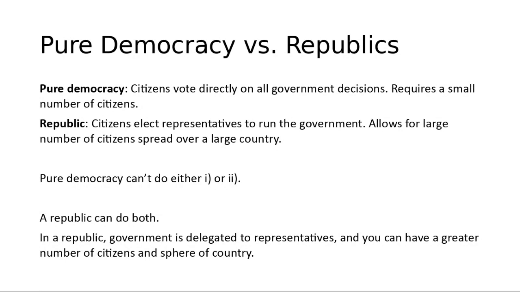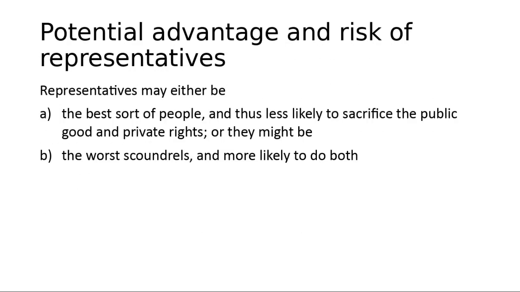Because in a republic, you've got a greater number of citizens spread over a greater sphere of the country. So with a republic, here's the potential advantage and potential risk of having elected representatives that are administrating the government. The potential advantage is that the representatives might be the best of the best.